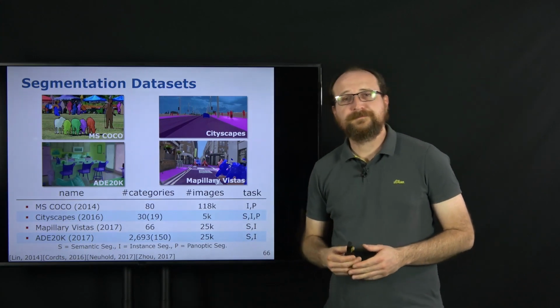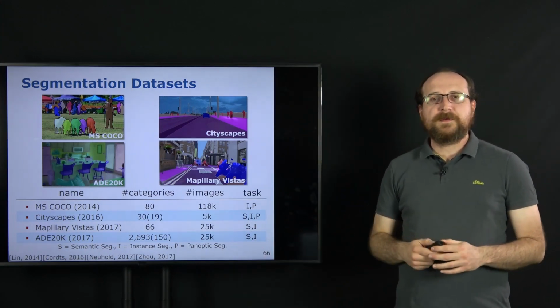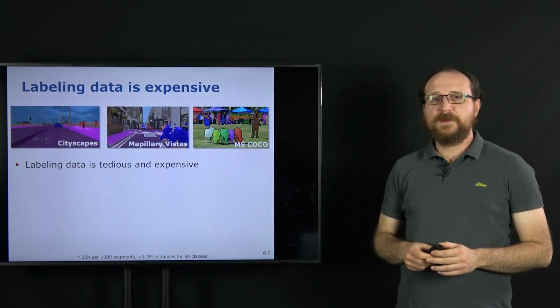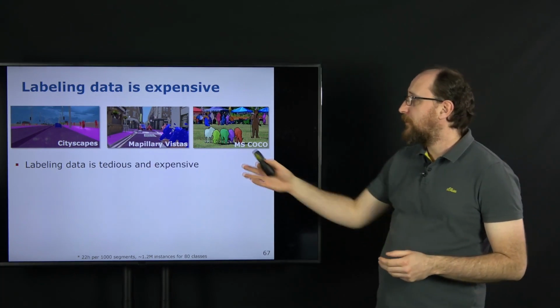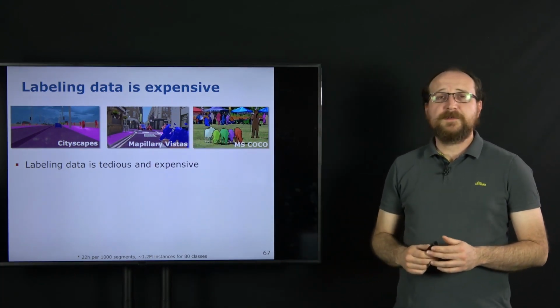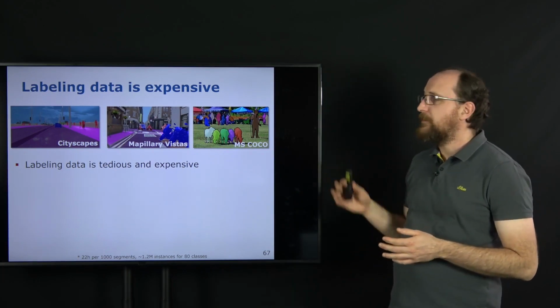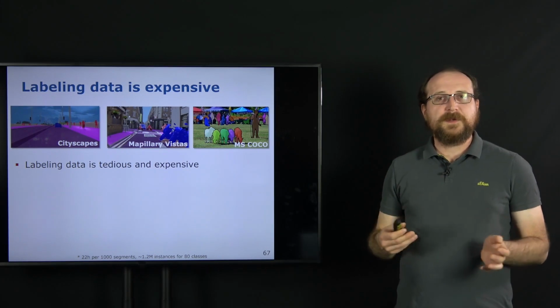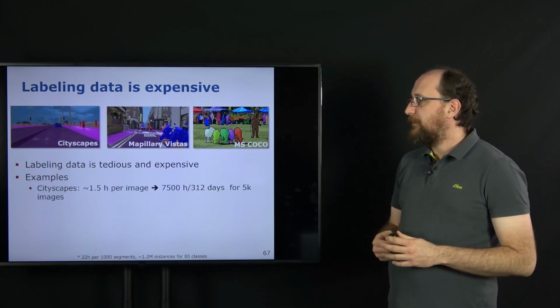As I already mentioned, labeling data is very expensive. When we take a look at the time needed to produce such semantic segmentation datasets, we can maybe appreciate the effort that companies and people invested in annotating such large datasets.